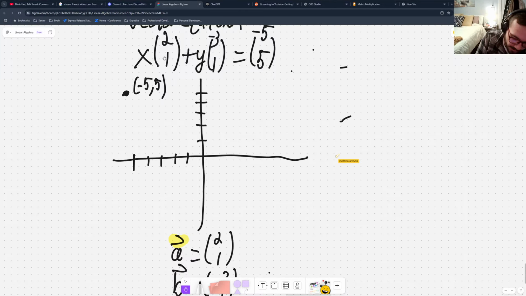The vector you can start from any point and then add the vector to that. So if we had 0, 0 as the origin, and then we added 2, 1, this would just take us to 2, 1. So we can just draw that.